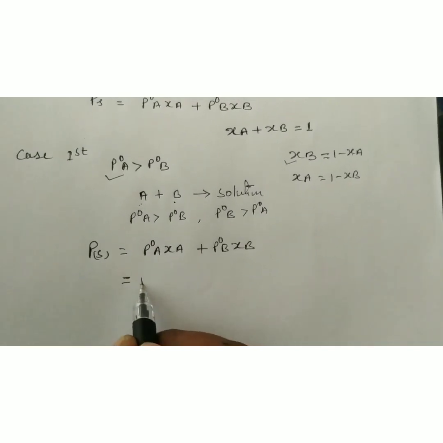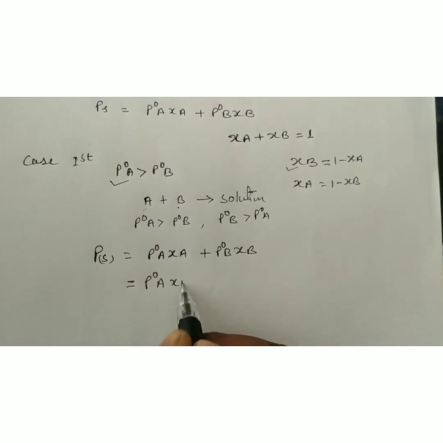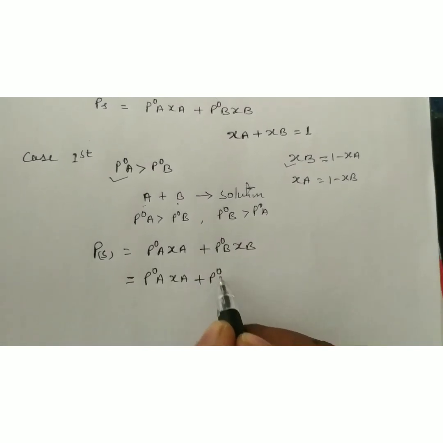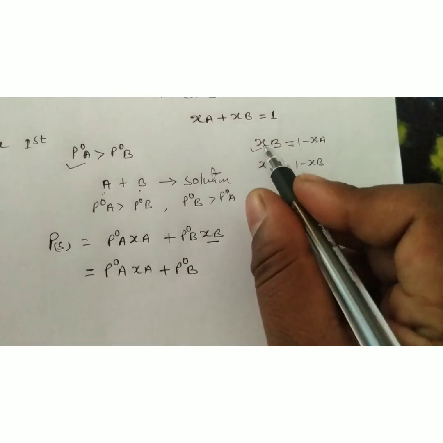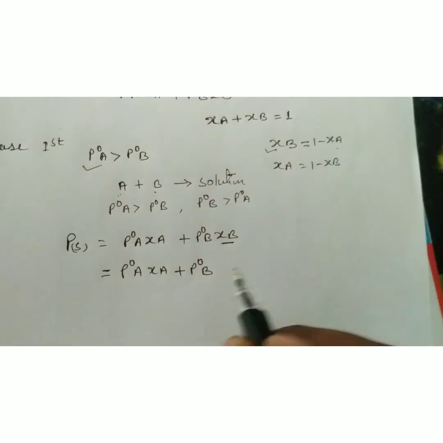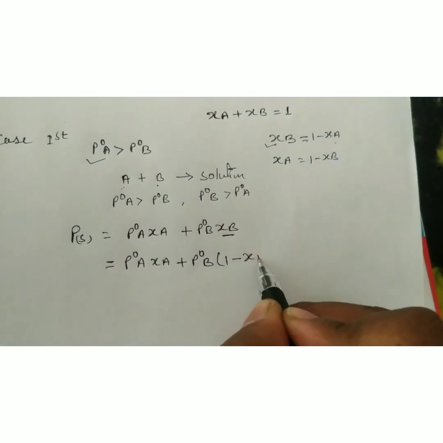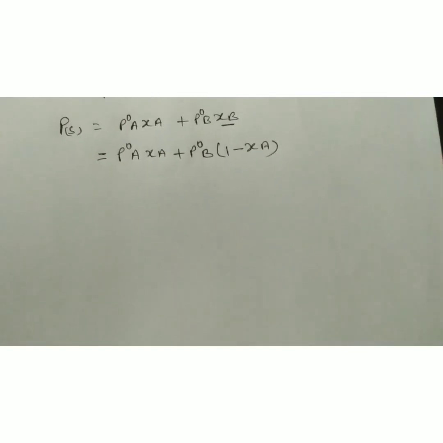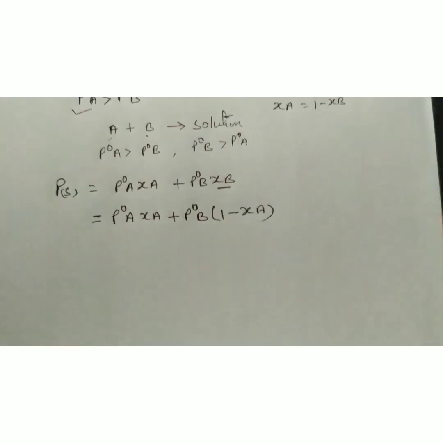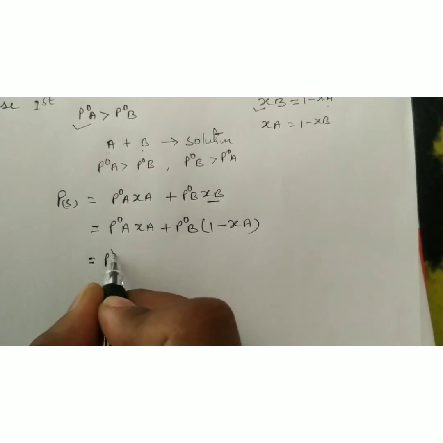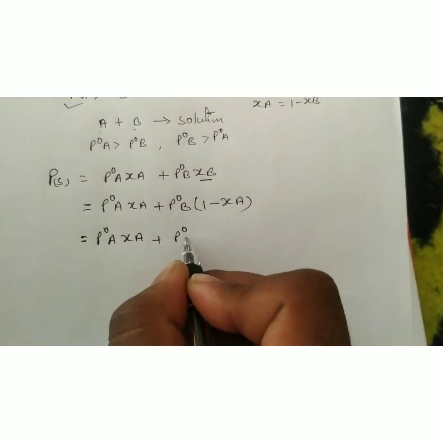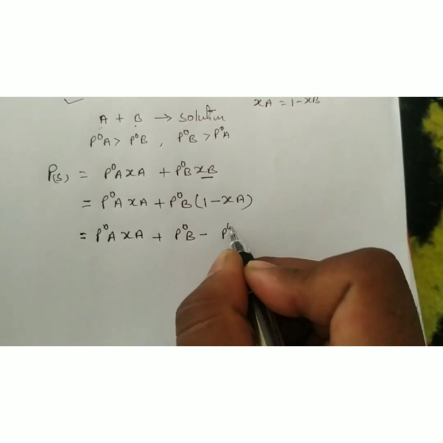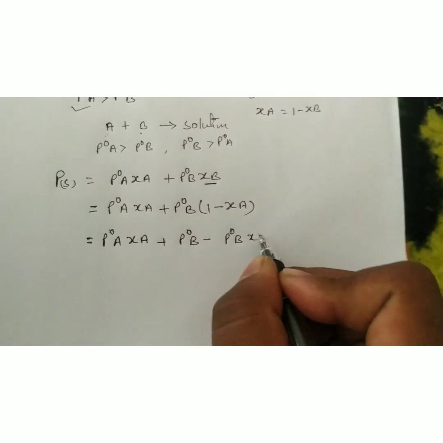So it will become P naught A XA plus P naught B into 1 minus XA. Now solve the equation: P naught A XA plus P naught B minus P naught B XA.